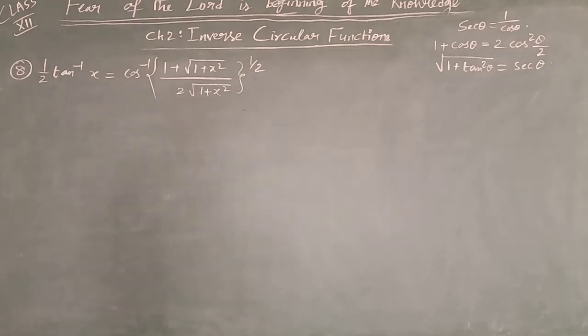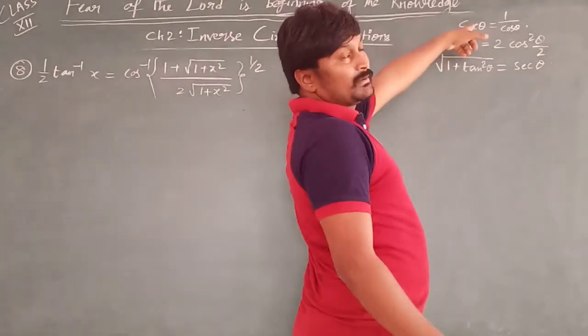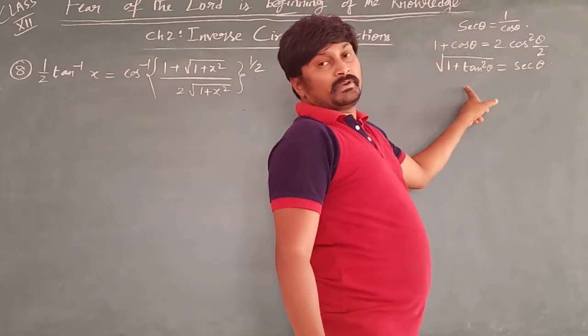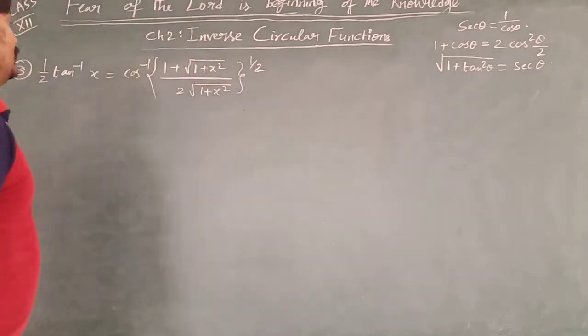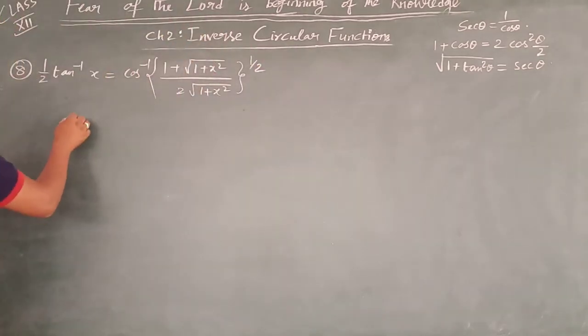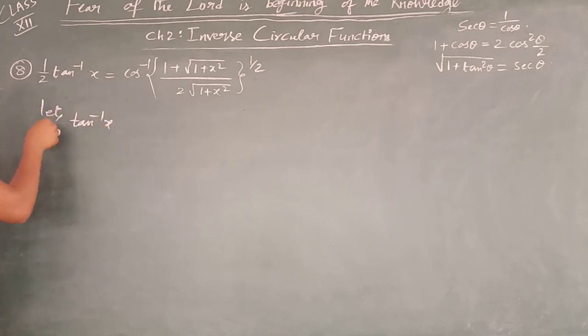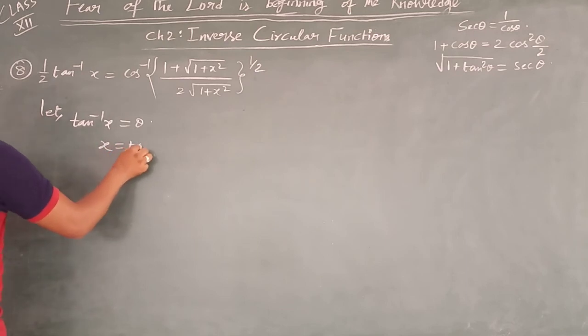Before going to this proof, you need to remember secant theta is equal to 1 upon cos theta, 1 plus cos theta is equal to 2 cos square theta upon 2, and square root of 1 plus tan square theta is equal to secant theta. So first what I will do is, let tan inverse x be equal to theta, then x is equal to tan theta.